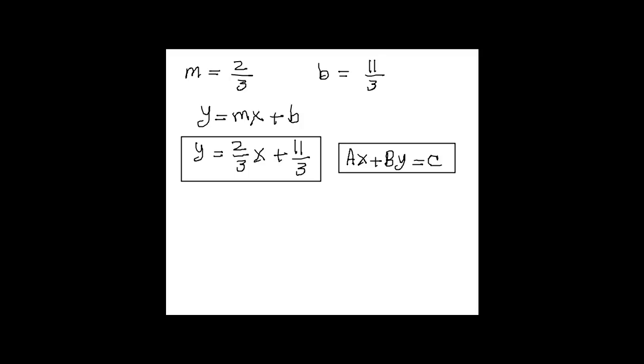I need to move both x and y to one side of the equation, in this case to the left side, right? So if I subtract 2/3 x from both sides of the equation, I would get minus 2/3 x plus y is equal to 11/3.